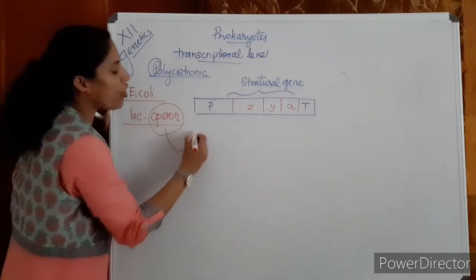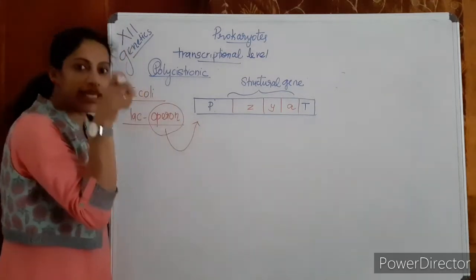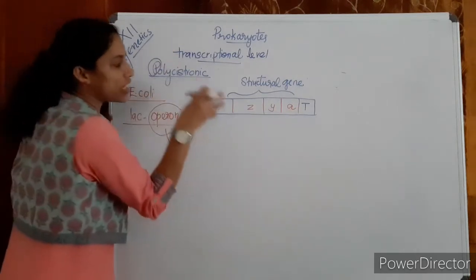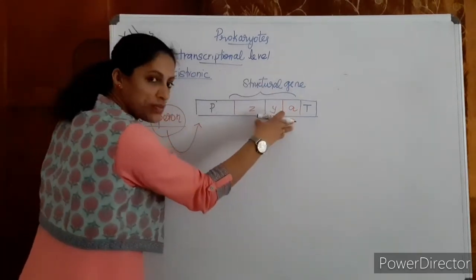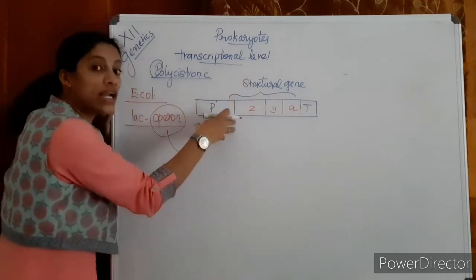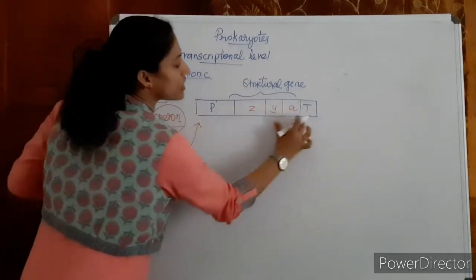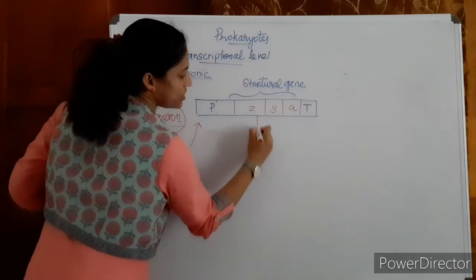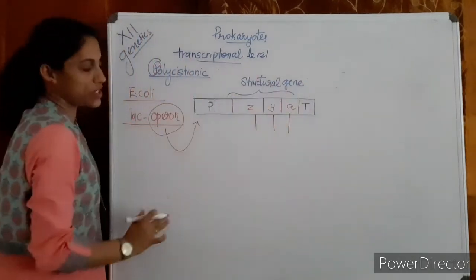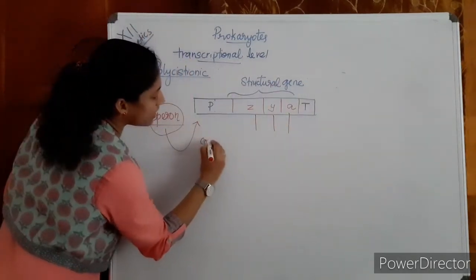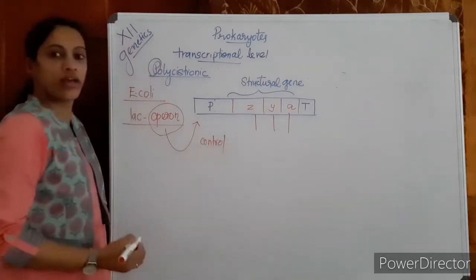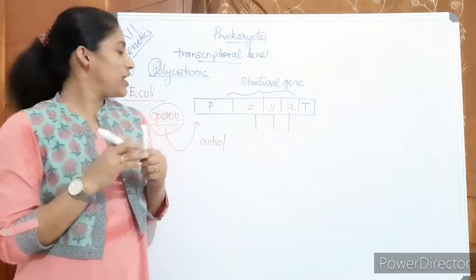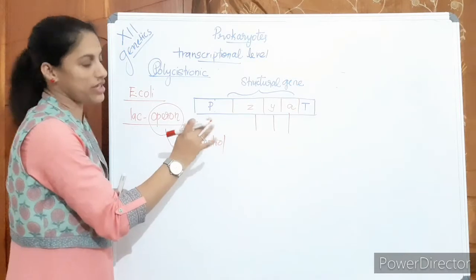That means an operon is a DNA segment which consists of structural gene portions and also its control portion. So in order to control the expression of the structural genes, there is a control region. What are the parts of the control region?